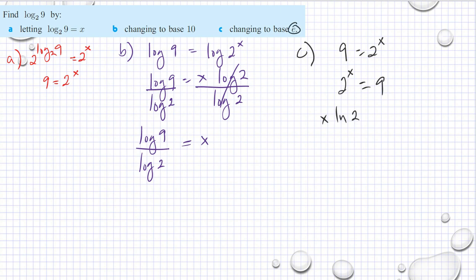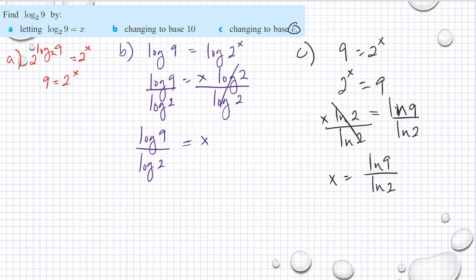So I am not going to use logarithm of e right now. I'm going to change it to ln directly, ln of 9, and then divide by ln of 2. Then we have x is equal to ln of 9 divided by ln of 2.